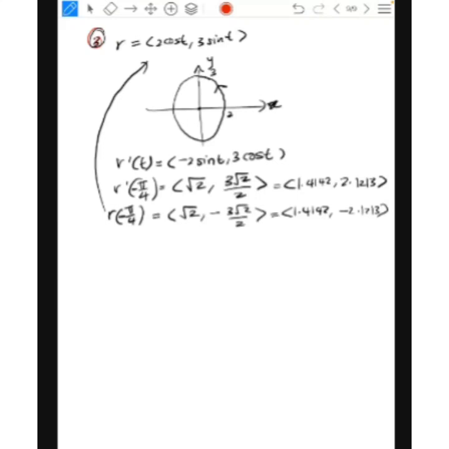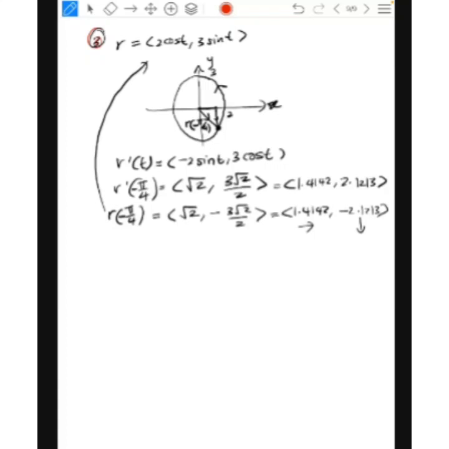So x is positive, so it goes there and then it goes down. So this is your r of negative pi over 4. From this particular point, you start your r prime, which is the tangent vector.